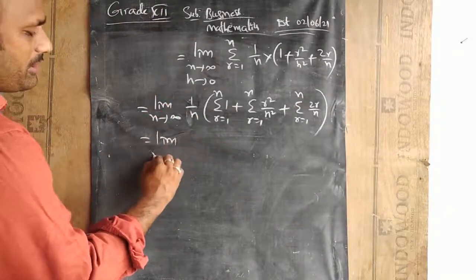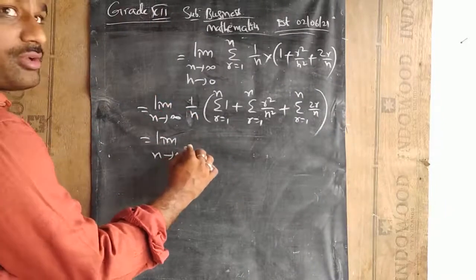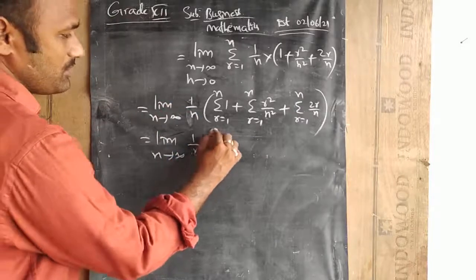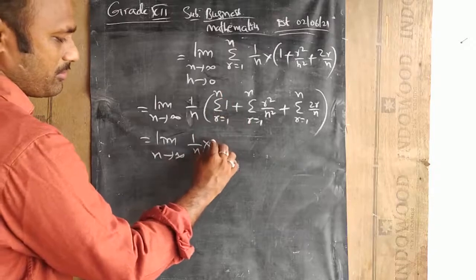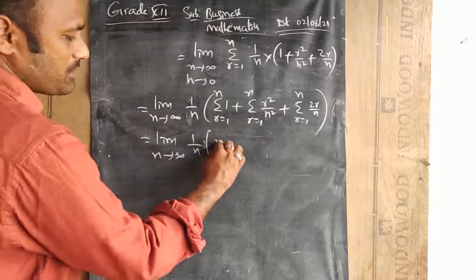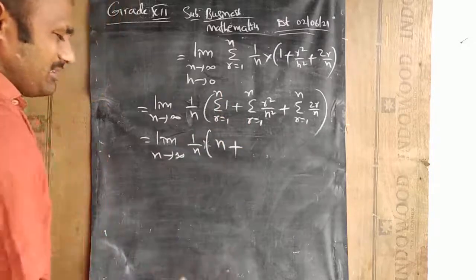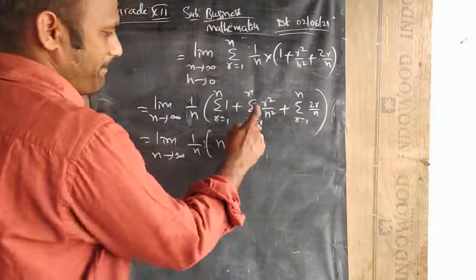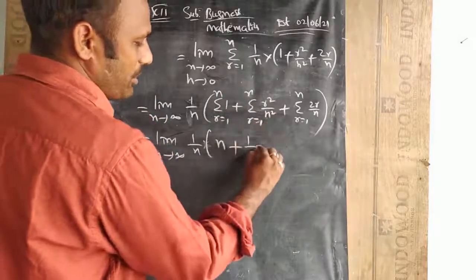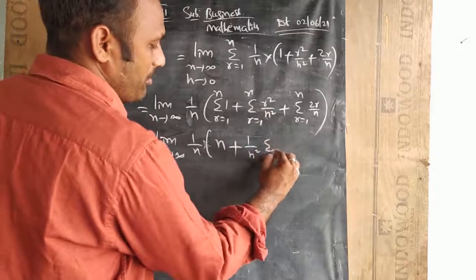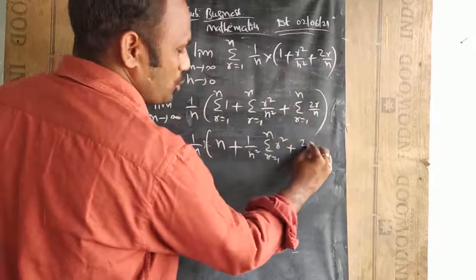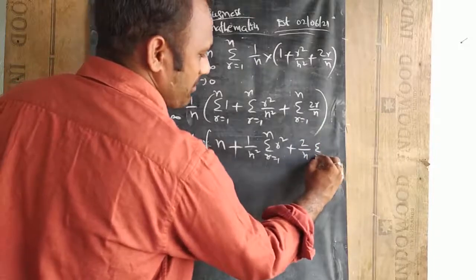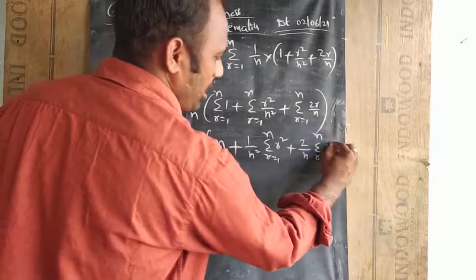So limit n tends to infinity, 1 by n. The summation of 1 will be n. So let it be in a bracket, so we will write n plus, here I have to take 1 by n square common. So it will become summation r equals 1 to n of r square, plus, here 2 by n we can take common, summation r equals 1 to n of r.